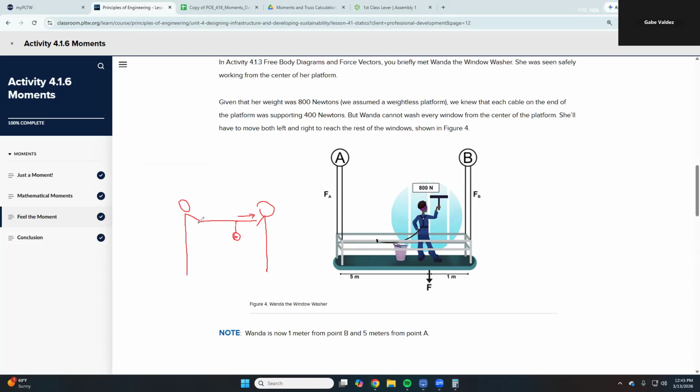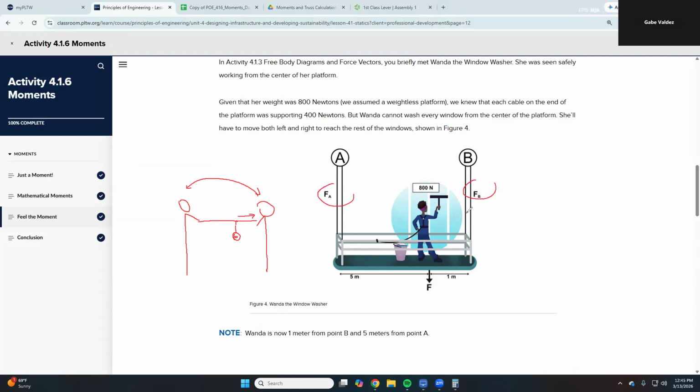And what happens is you have them feel how much force it takes to hold that up, and then you have them switch places, and so you stand in the center, you hold the meter stick, and you allow them to switch places, and then you ask them again, does it feel the same? And then one of the students that feels more force goes, oh no, I can feel a difference in it. Thus proving that when Wanda is off center, these two forces are not the same.